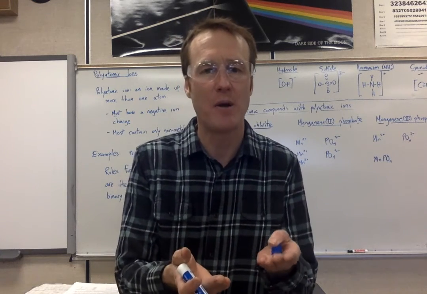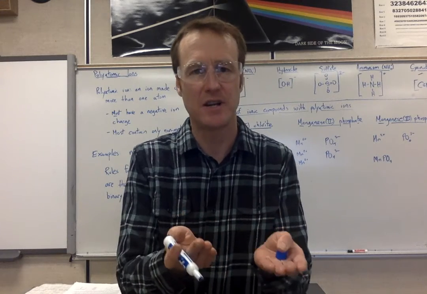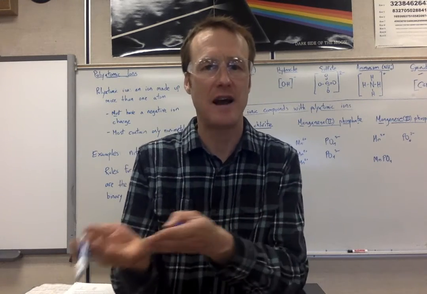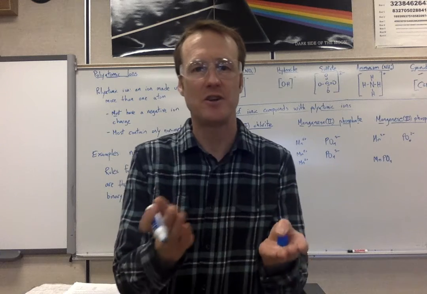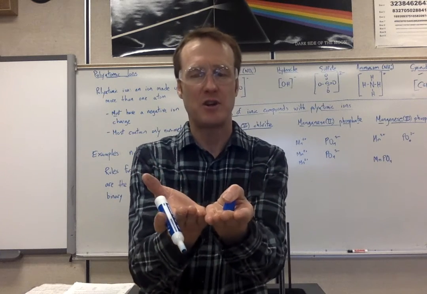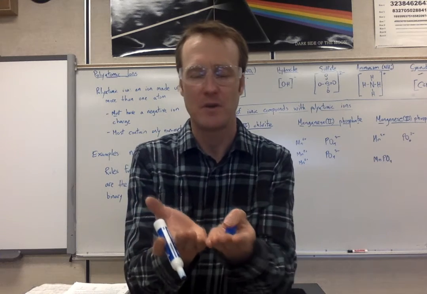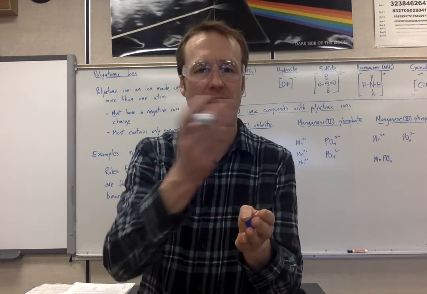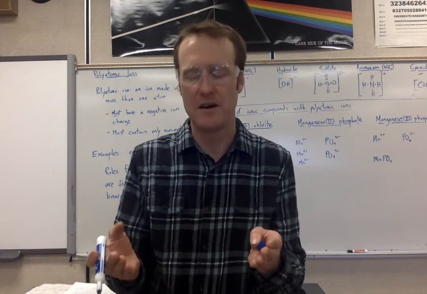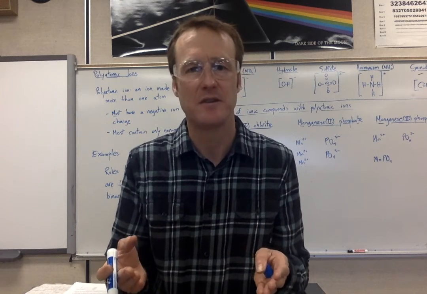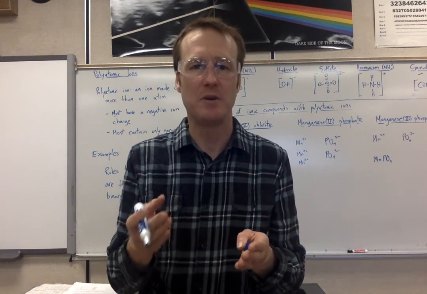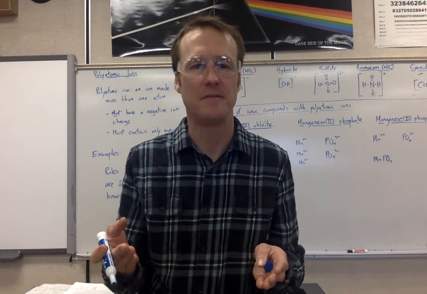The lowest common multiple of 3 and 2 is 6. So your positive charges have to be +6, and your negative charges have to be -6. That way the charges can balance perfectly. For the manganese 2+, that +6 is divided 3 ways, because 6 divided by 2 is 3. We need 3 manganese ions there.